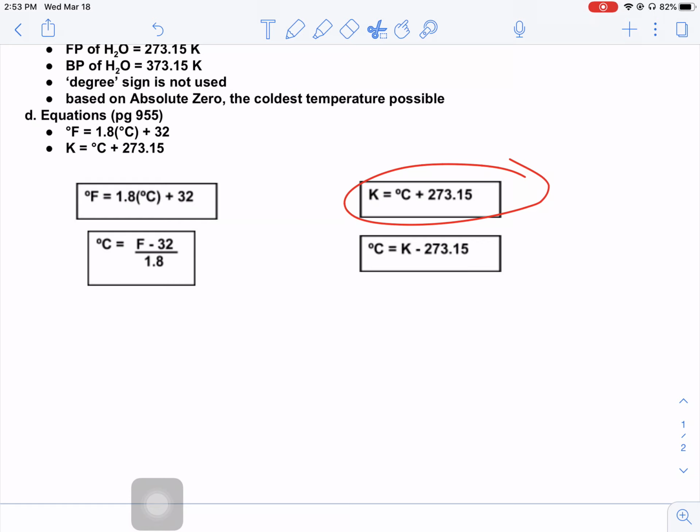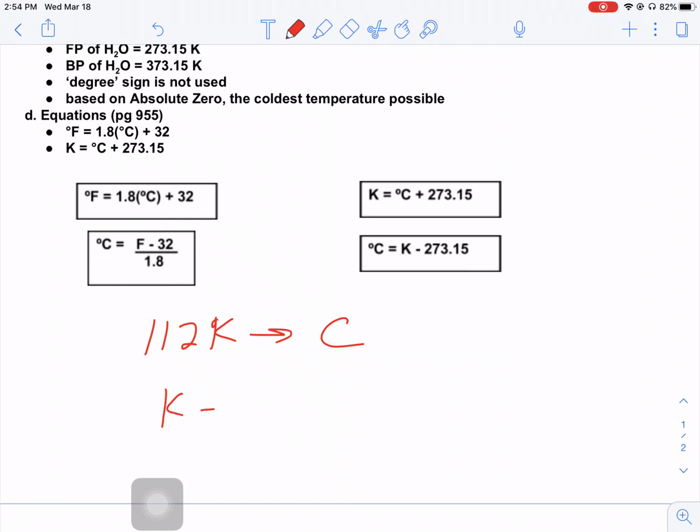Last example before we go. Let's go from Kelvin to Celsius. This time I'm going to choose 112. We're not going to use a degree symbol, but we're going to convert 112 Kelvin into Celsius. So now we're going to do K minus 273. And I'm going to go ahead and drop the 0.15.